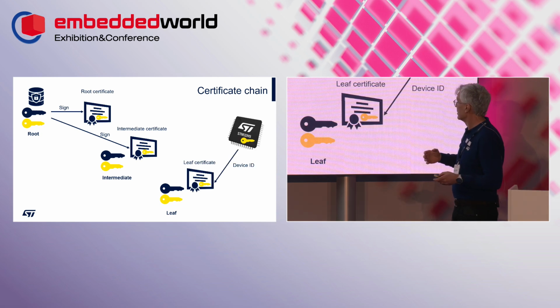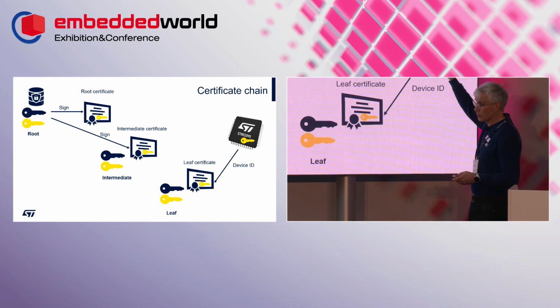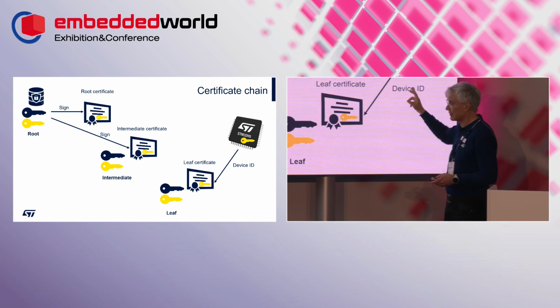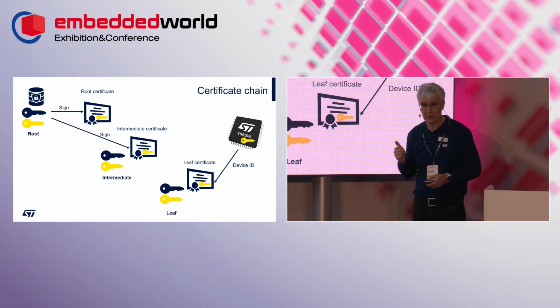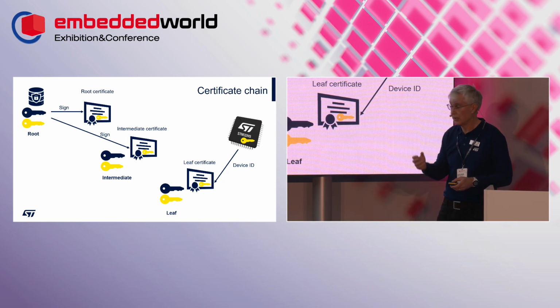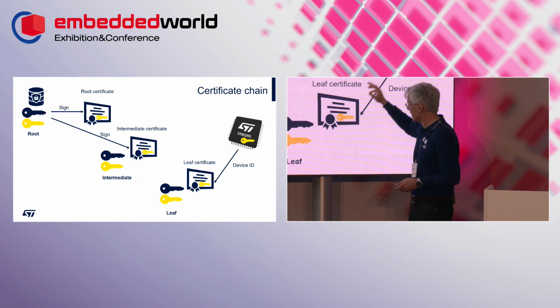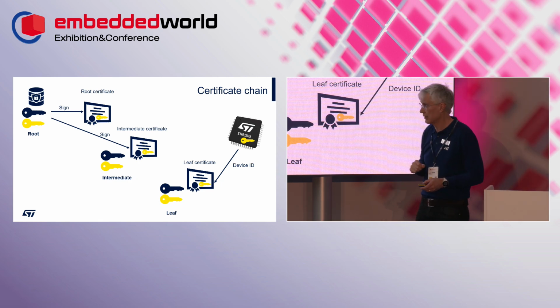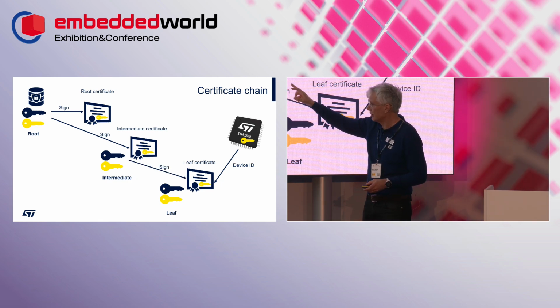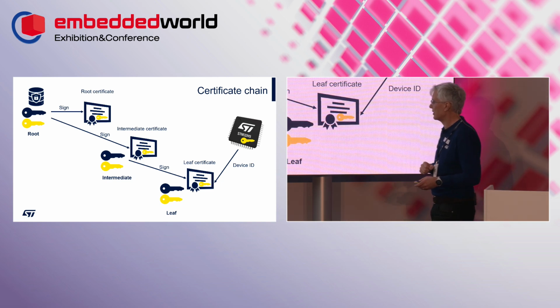And so we have the device, and we are able to read the device identifier from this specific device. So we read the device ID, and we put it in the certificate, and then we sign the certificate with the intermediate private key.